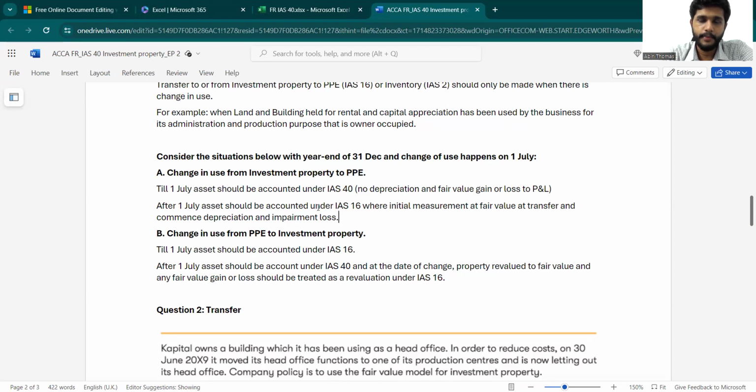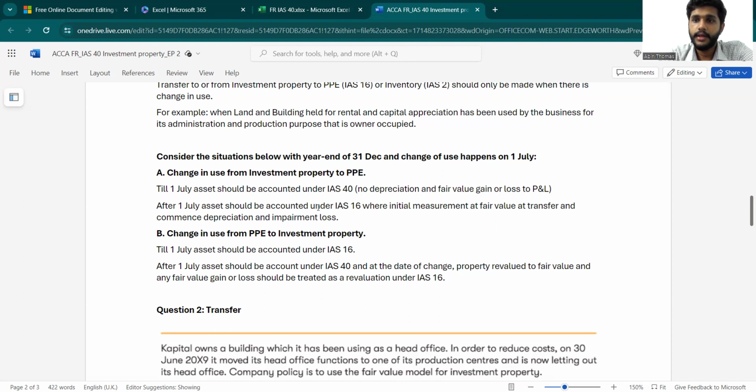When the transfer happened on 1st July, the management should book the initial cost at the fair value at the transfer. Whatever the price of the asset under IAS 40 needs to be taken to IAS 16 as its initial cost, the initial measurement.